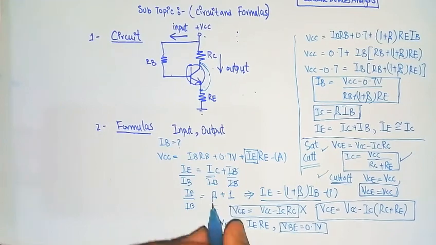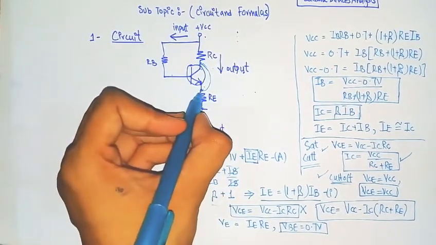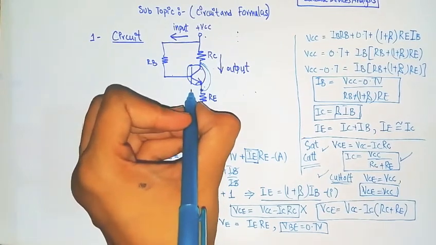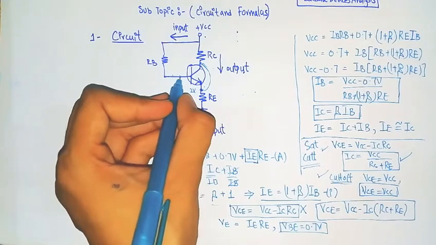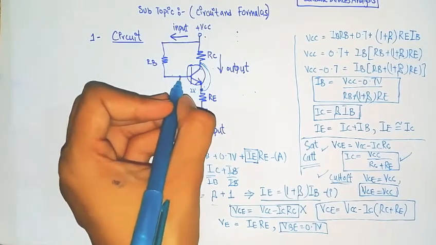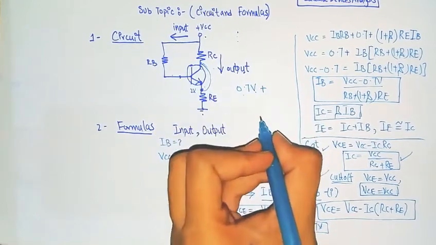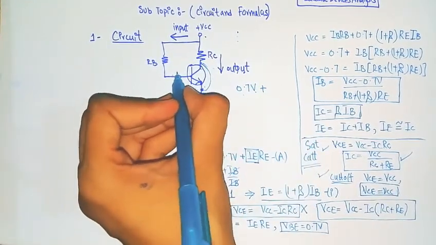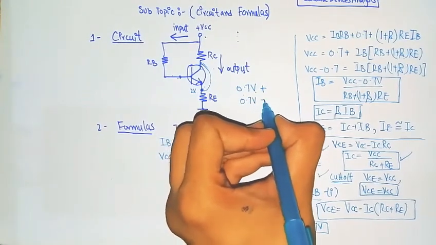One important thing in that circuit is that if we move from this junction to this junction, then 0.7 volts will be added. But if we move from this junction to this junction, 0.7 volts will be dropped.